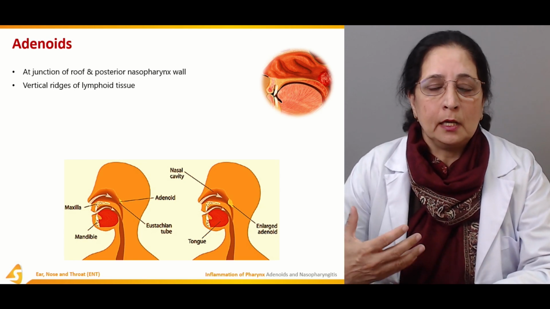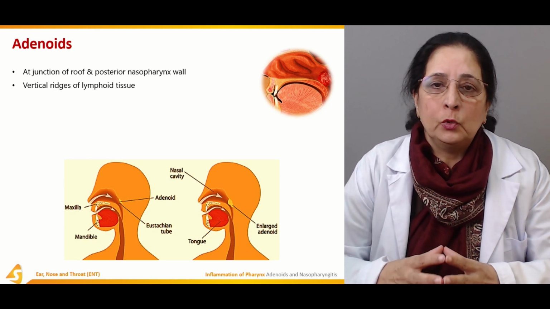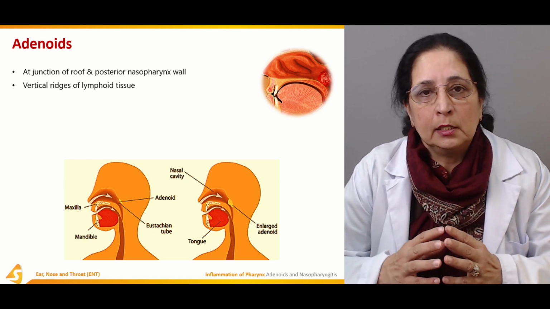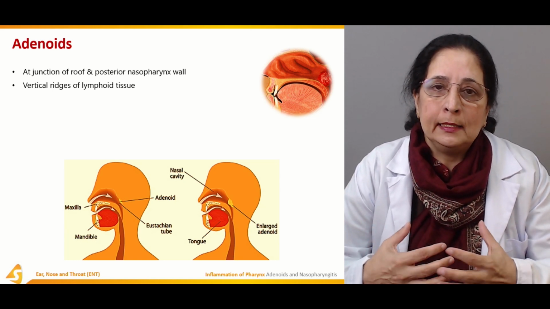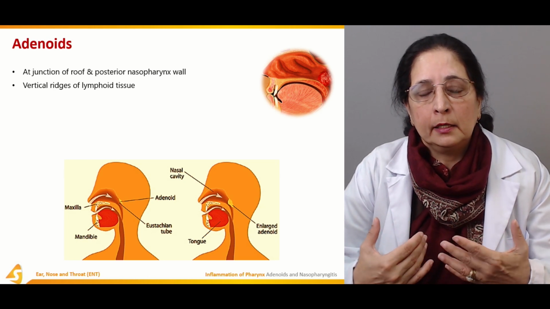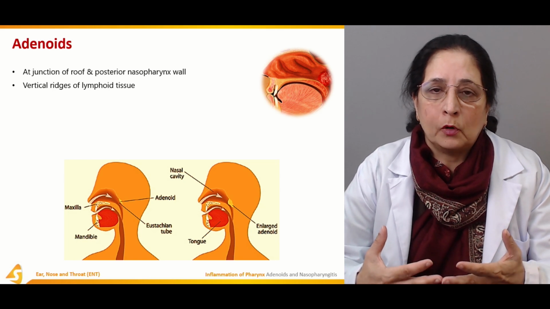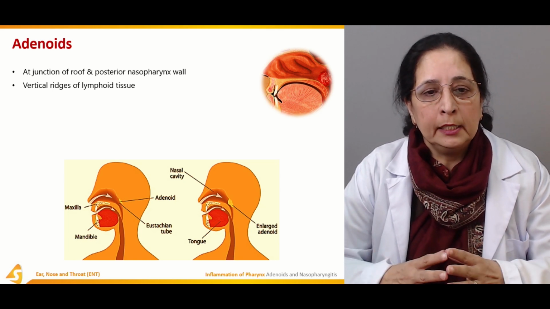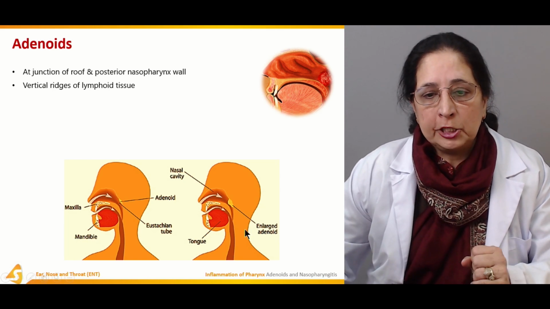These adenoids are lymphoid tissues. Lymphoid tissues play a very important role in the immune system, and they are responsible for developing immunity in the body. They are vertical ridges of lymphoid tissue.